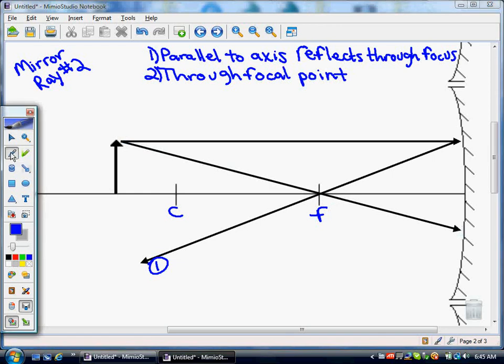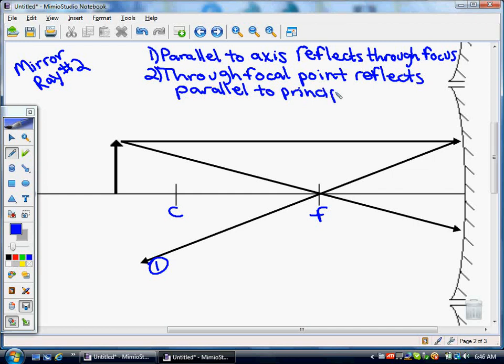And that ray reflects parallel to the principal axis. So now we draw this ray, so it's reflecting off parallel to the principal axis. And we have it right there.